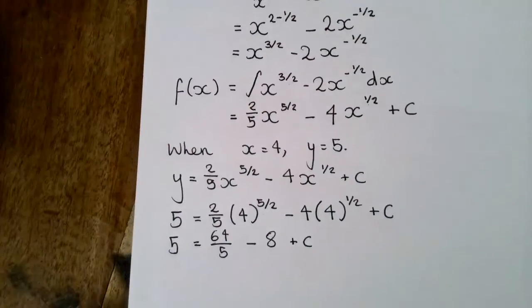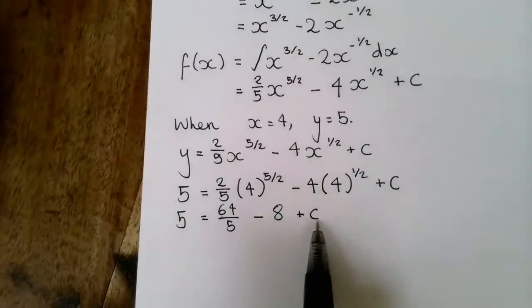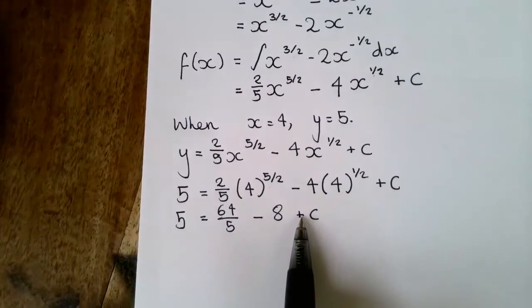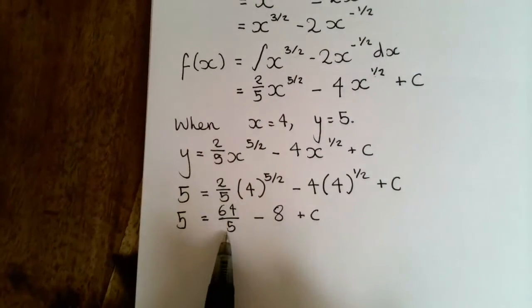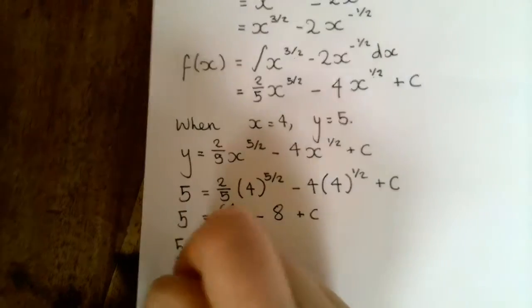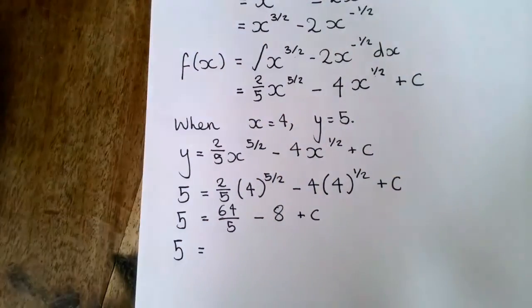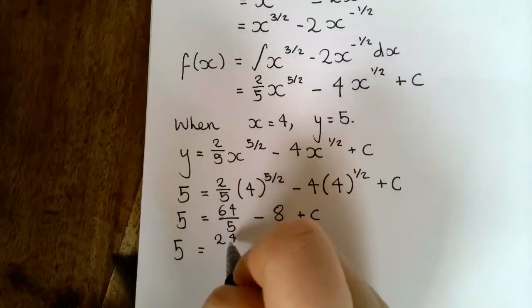I've now got an equation with one unknown variable, which is c, so I'm going to rearrange it and solve it in terms of c. So first of all, 64 over 5 subtract 8, that is equal to 24 over 5.